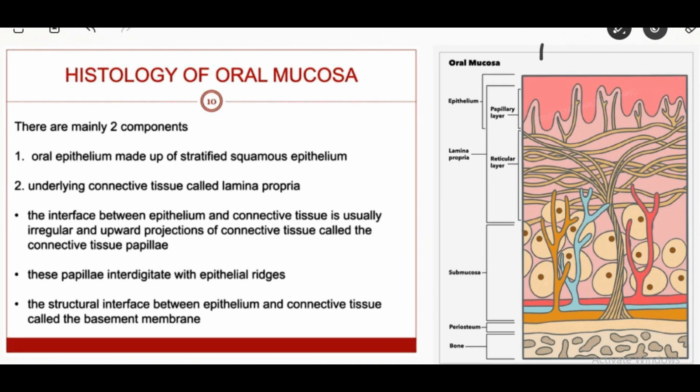Now the layer of epithelium may be keratinized or non-keratinized, and keratinized can be orthokeratinized or parakeratinized. In orthokeratinized, the process of keratinization is absolutely complete, with the formation of acellular and anuclear keratin layers on the surface, whereas in the parakeratinized, the cells of the superficial most layer show keratin formation.